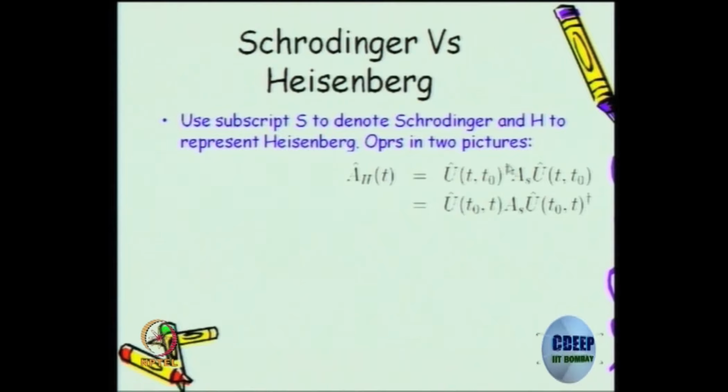The dagger operation from T to T naught or T naught to T can be equivalently written without the dagger, but interchanging the initial and the final time, right? Instead of going from T naught to T, you can go from T to T naught, which is an inverse step. These are things which you should play around with, the unitary operators.